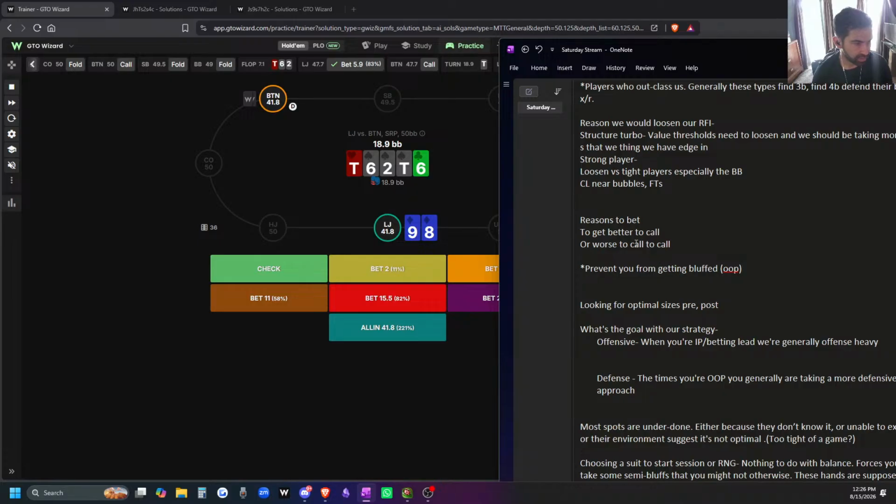First one is to get better to fold, right? Not call. Get better to fold or worse to call. And then maybe equity denial typically falls into that. A good example of equity denial might be betting pocket 4-4 on deuce 3 king.